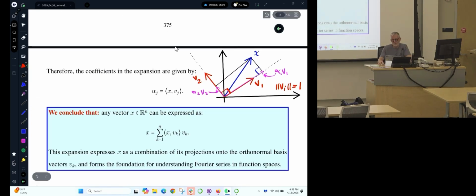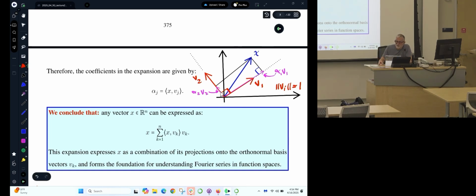So here I just have R2 because that's all I can draw. They're orthogonal. So if you take their inner product of V1 and V2 is 0. And if you take an arbitrary vector x, I can write it as a linear combination of V1 and V2. And then I sum them up and I get the vector x.